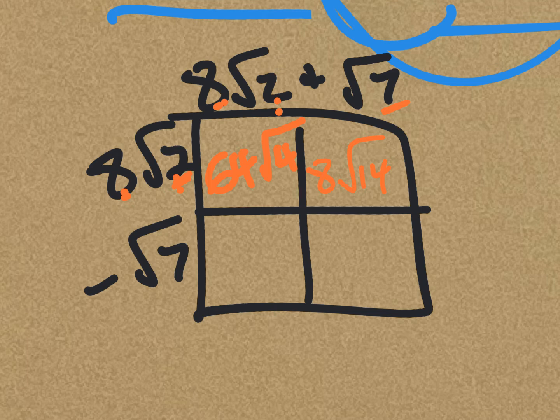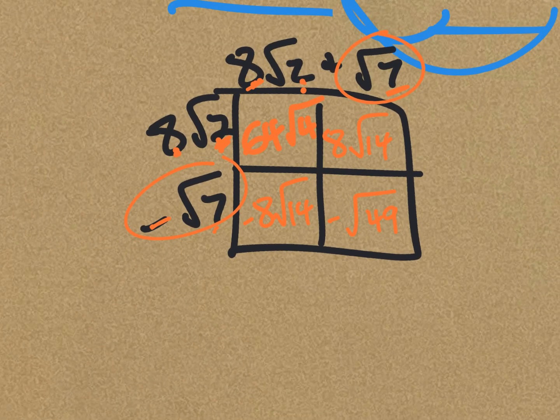Over here, square root of 2, square root of 14 again, so there we go, and the 8 tags along. This one is negative though, because of that negative there. Bottom right box, square root of 7, square root of 7, positive times a negative. Negative square root of 49.